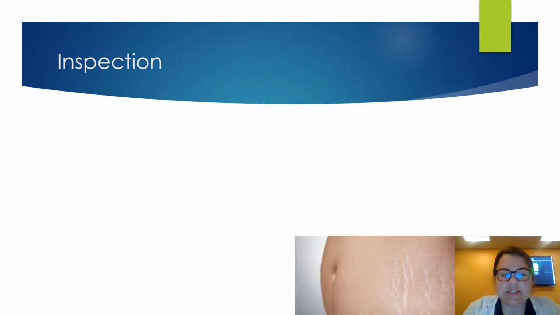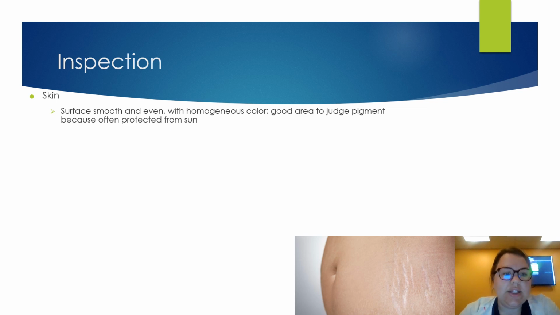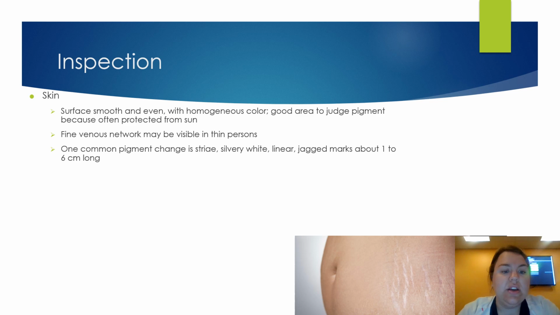When we're inspecting the skin, we're looking to see if the surface is smooth and even. The color should also be even. The abdomen will have a little less pigmentation than other parts of our body because we protect it from the sun. A fine venous network could be visible for our thinner clients.